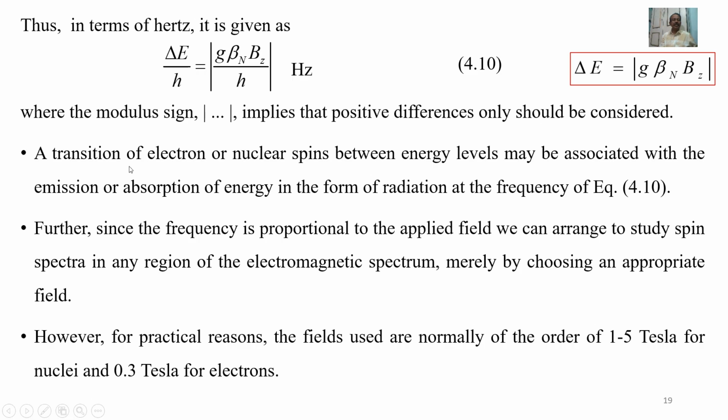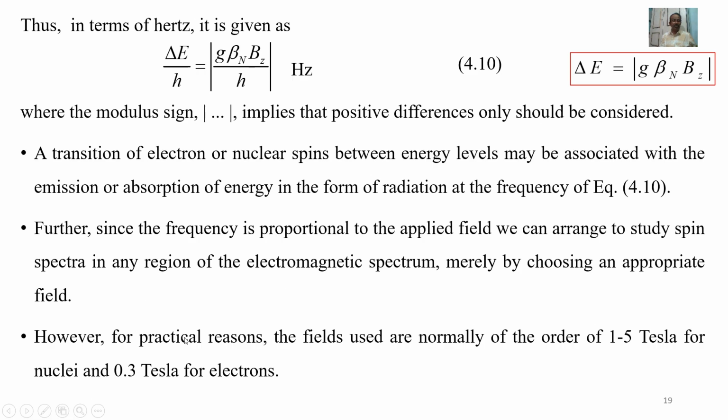A transition of electron or nuclear spins between energy levels may be associated with the emission or absorption of energy in the form of radiation at the frequency of equation 4.10. Further, since the frequency is proportional to the applied field, we can arrange to study spin spectra in any region of the electromagnetic spectrum merely by choosing an appropriate field.